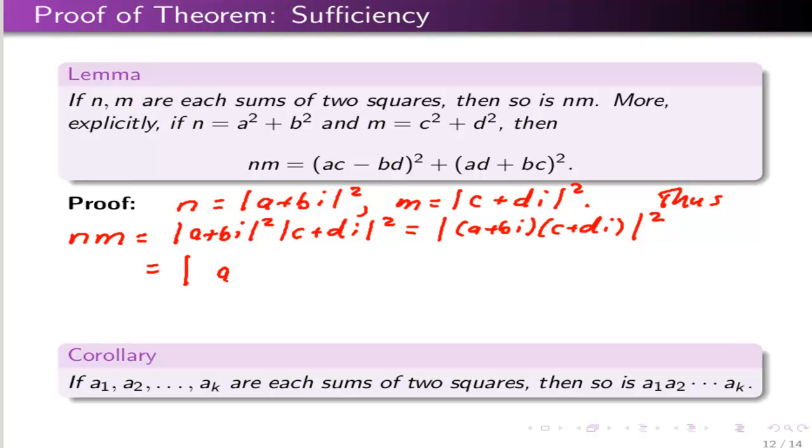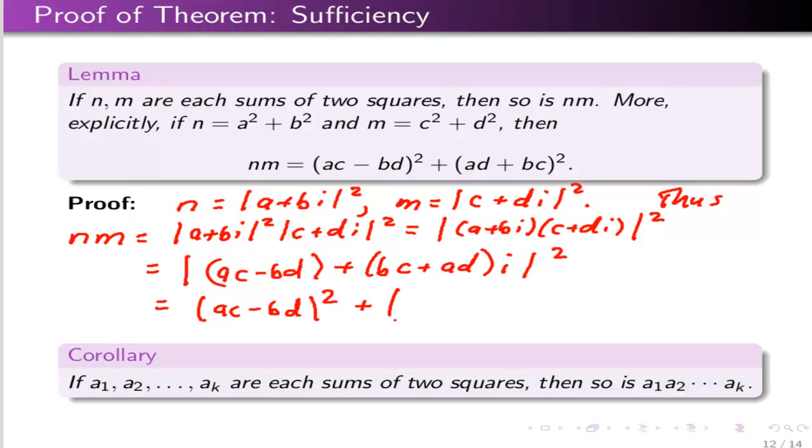you get ac minus bd plus (bc plus ad)i. And that absolute value is exactly the formula we've seen. So that's the way to think about where this formula comes from.